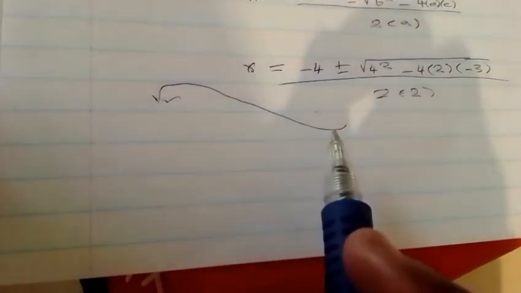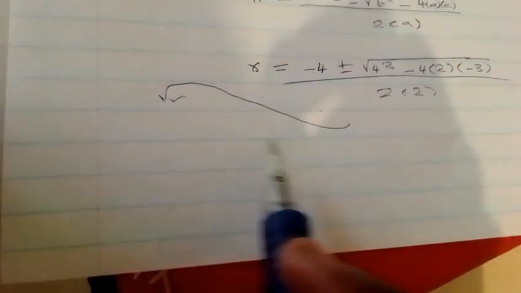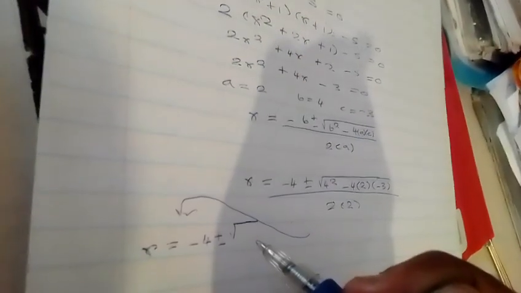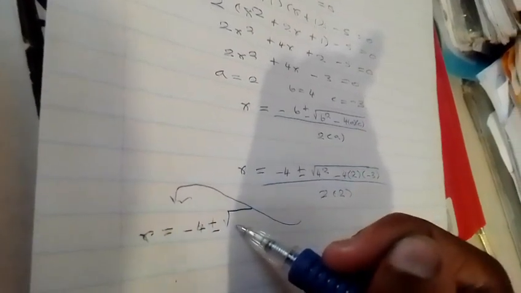Once that is solved, since I'm out of space, I'm going to write the answers to the side. x equals negative 4 plus or minus 40.